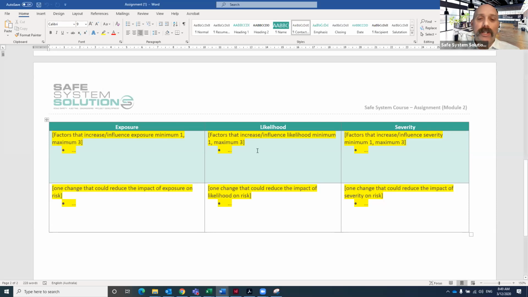Then we want you to look at the likelihood. What are the features of this intersection that increase or influence the likelihood of crashes? So that could be the speed. It could be the visual deceit. It could be that there's a see-through effect at the intersection. It could be that the line marking is confusing.